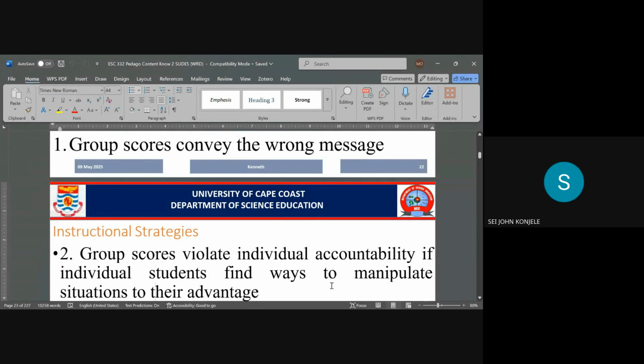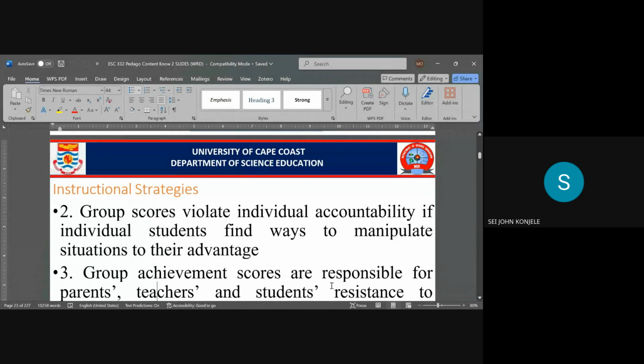I side with that, because ideally we are supposed to group them according to their individual differences so that they will learn from each other. But it turns out that the brilliant one ends up contributing much more than the others.